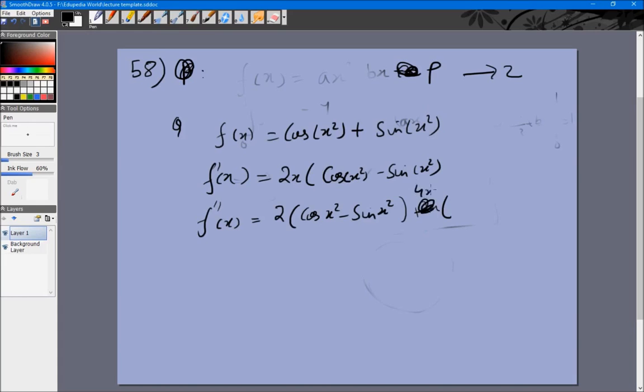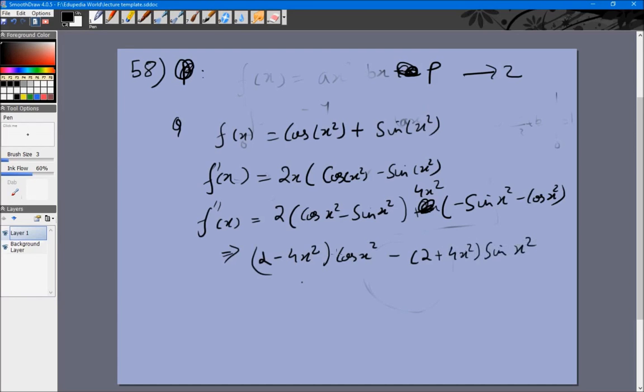So we'll just take 4x squared here minus sine x squared minus cos x squared, which is equal to 2 minus 4x squared times cos x squared minus 2 plus 4x squared times sine x squared, right? So this is f dash x, f double dash x.